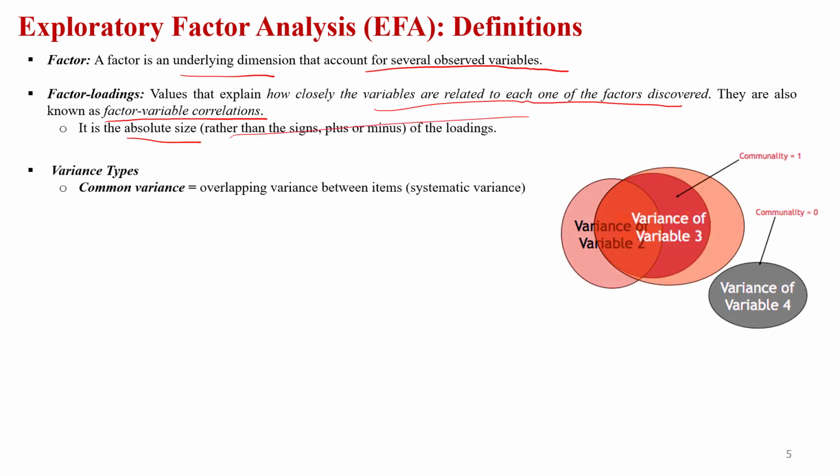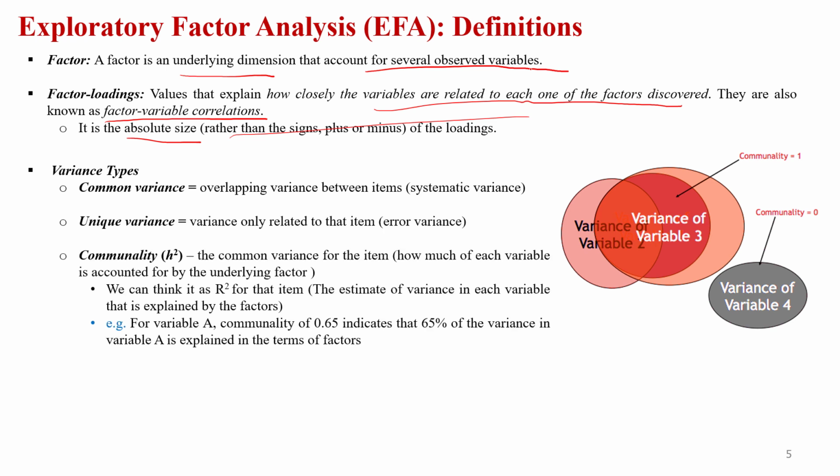Okay, after that, the most important thing we are interested in is the variance in that particular item, whether that variable contains the common variance, which is the overlapping variance between the items, as you can see over here. So whether they have the overlapping or not.